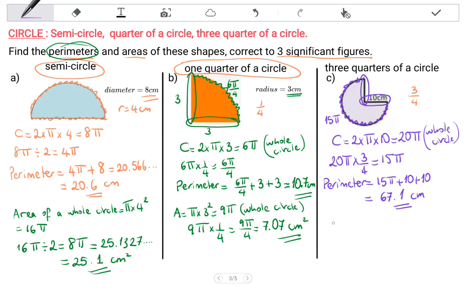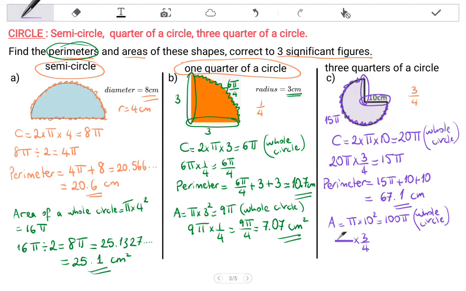What about area? Area of a full circle is pi r squared, and r is 10 here. So it was 100 pi if it was a whole circle, but it's not. We are going to take 3/4 of it. Sorry, I forgot to write pi.